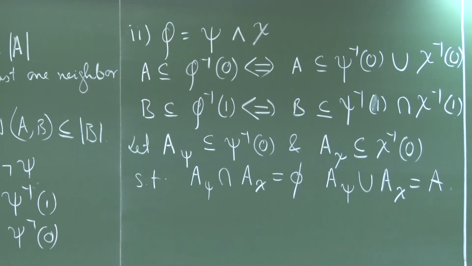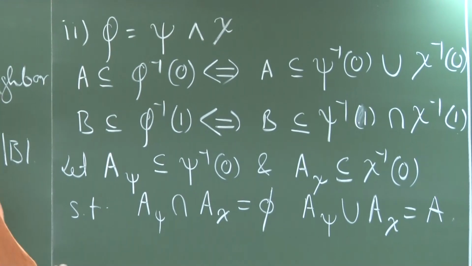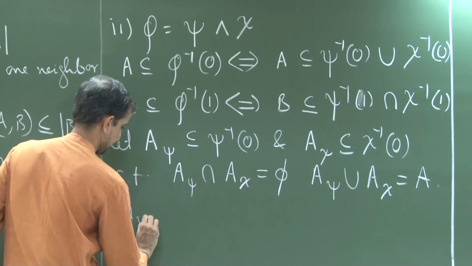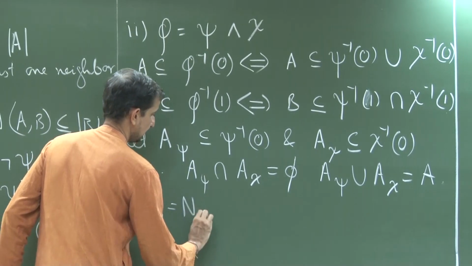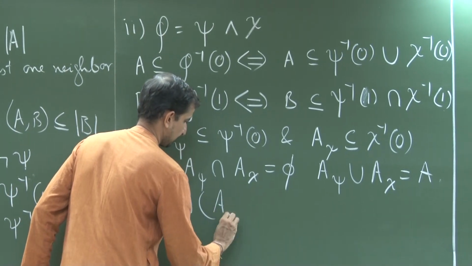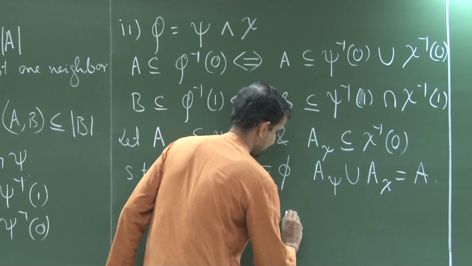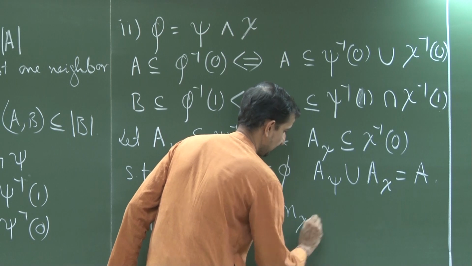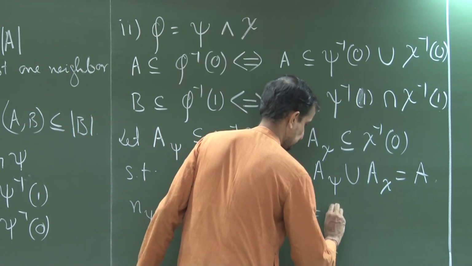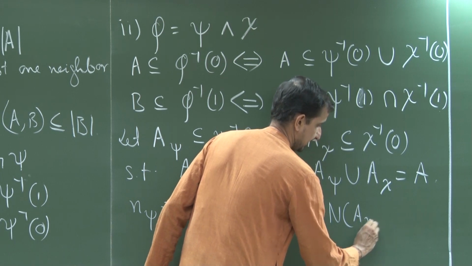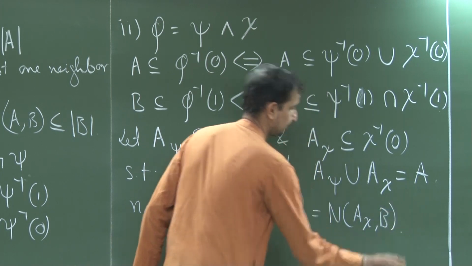And I will also use another notation. I will use n psi to be n of A psi comma b and n chi to be equal to n of A chi comma b.